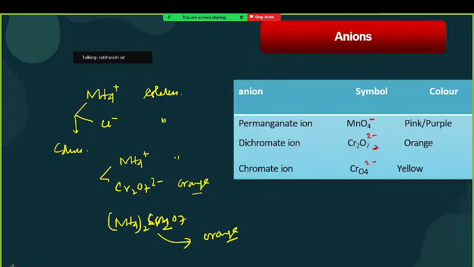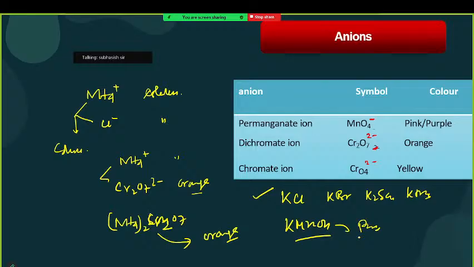One important point is about potassium salts. All the potassium salts like potassium chloride, potassium bromide, potassium sulfate, potassium nitrate are colorless. But potassium permanganate, though it is a salt of potassium, is purple in color because the permanganate ion is purple.